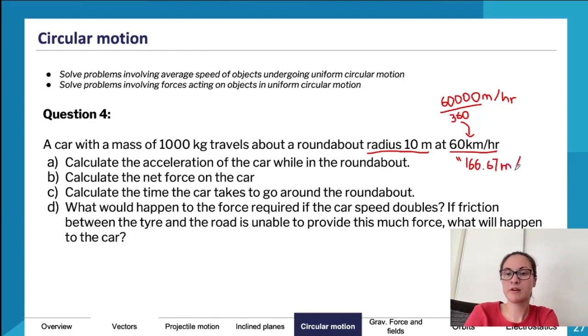I feel like that's very fast. Is that too fast? Doesn't look like it. If you notice anything wrong, feel free to put it in the chat, because that would be good to know.